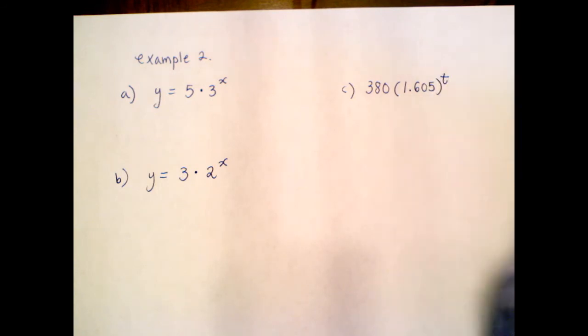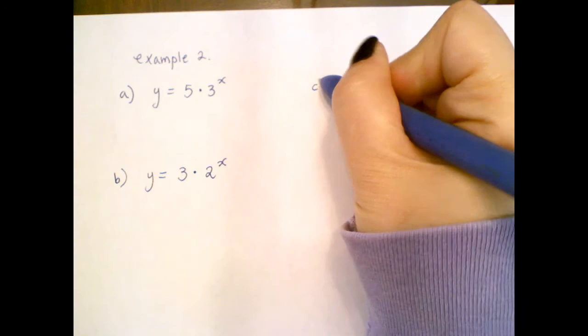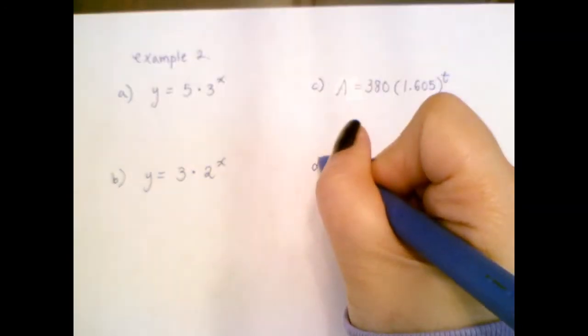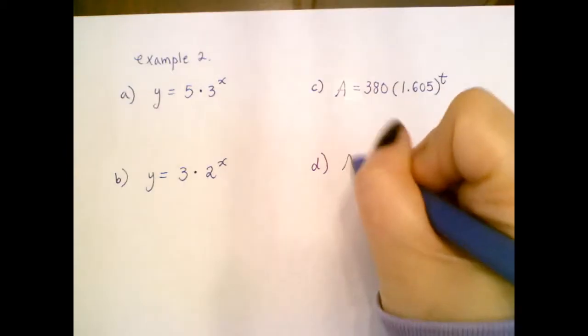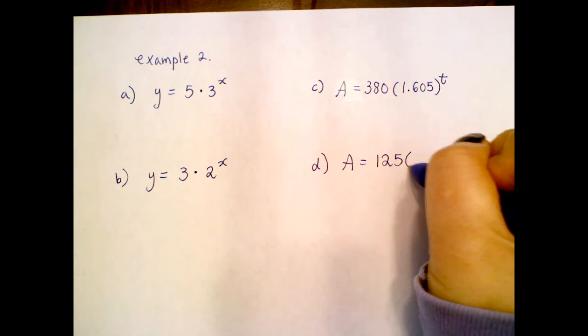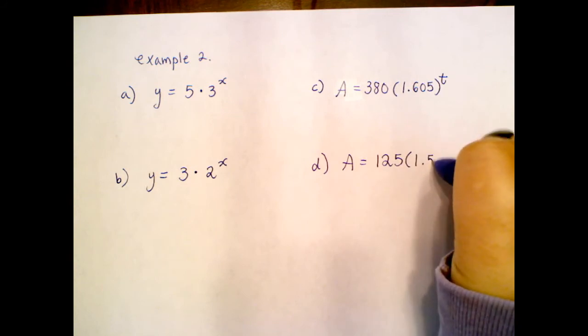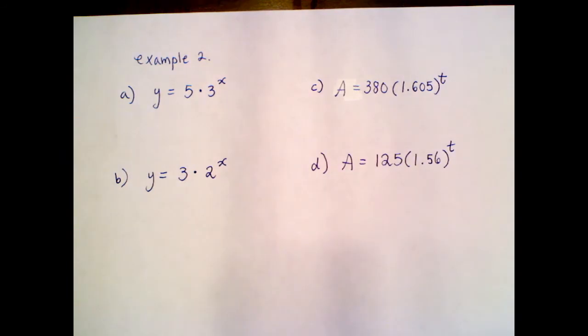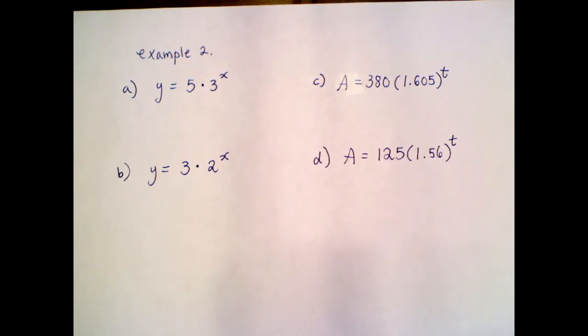T this time. Oh, I forgot to call this A equals, sorry. Example C is A equals that. And D, the last one that we're going to try together, is A equals 125 times 1.56 to the t-th power. Okay, so let's differentiate these ones.